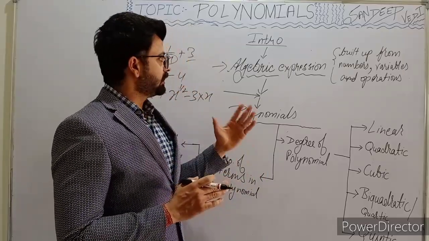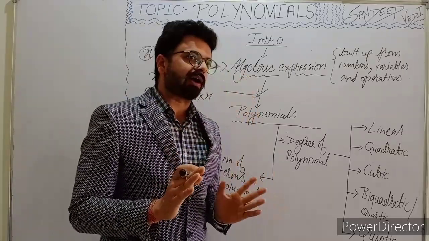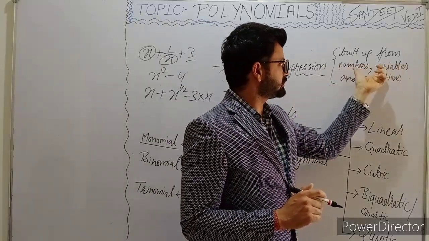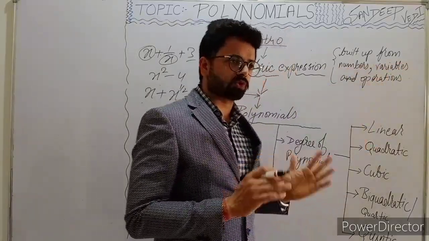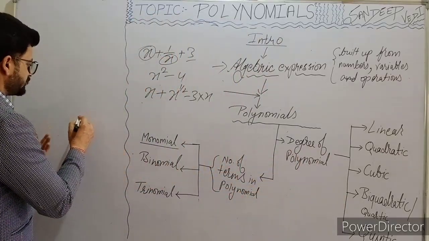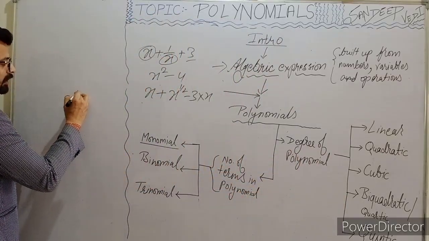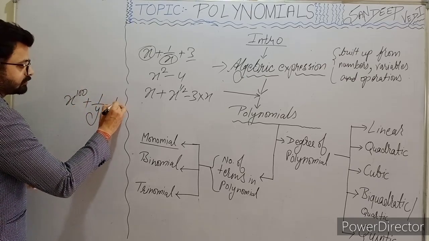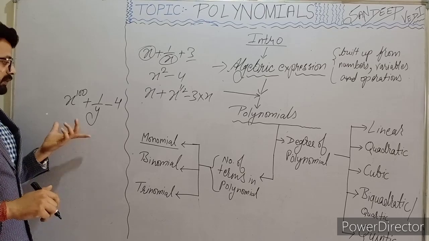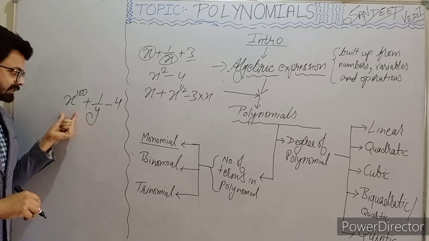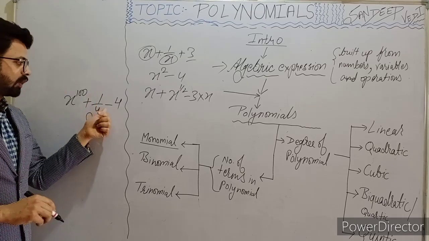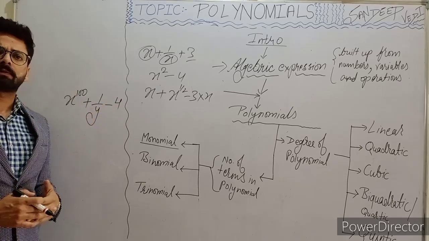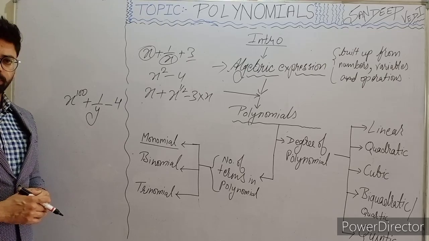Algebraic expression is whatever comes to your mind related to numbers, variables and operations. Suppose I am writing another thing, x raised to power 100 plus 1 upon y minus 4. Here two variables, numbers, operations, powers, all things are there. This is also an algebraic expression.